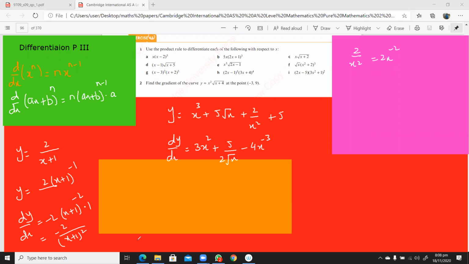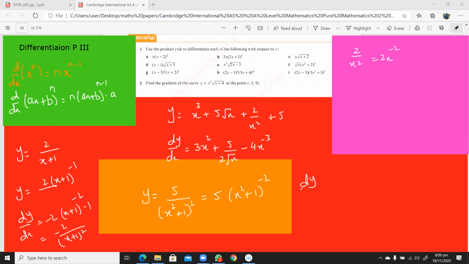Okay, there can be something like this as well. y is equal to, let's say, 5 over x square plus 1, and there is a square on it. This has to be written as 5 into x square plus 1 to the power minus 2 before you differentiate it.